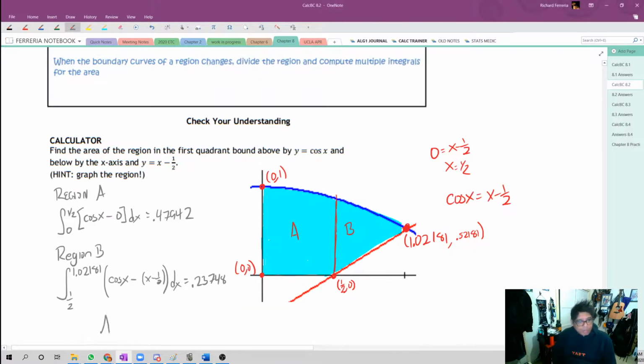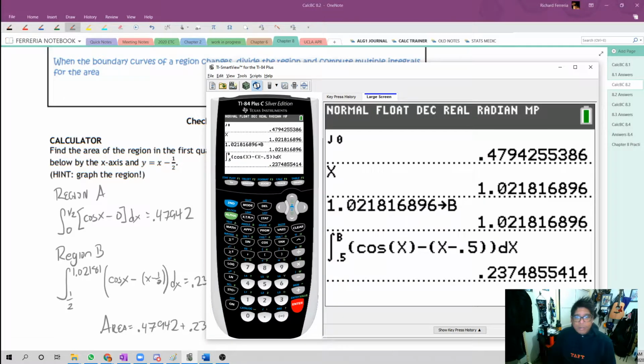Finally, the area is going to be equal to 0.4794 plus 0.23748. Coming back to my trusty calculator, I'm just going to grab all those numbers and add them together.